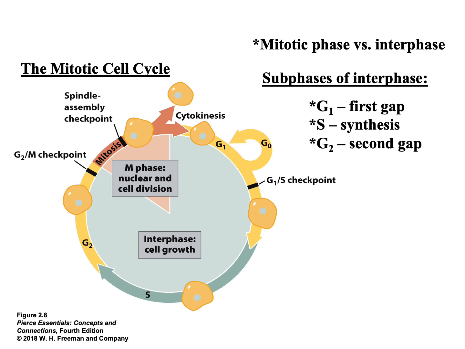So interphase is generally referred to, again, as the stage where the normal everyday life of the cell occurs. It is subdivided into 3 distinct categories or subphases. There is the G1 phase, which stands for gap 1 or first gap. There is the S phase, which is short for synthesis, and there is the G2 phase, which is the second gap. In the first gap, or G1, the cell begins to grow and get larger because, again, it is from the time point of when that cell arose from a cell division event.